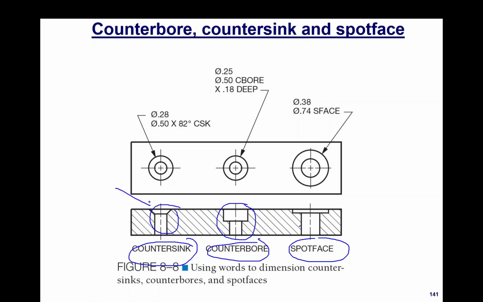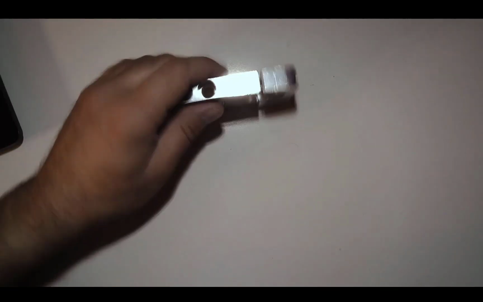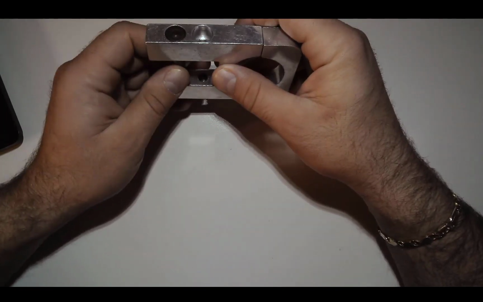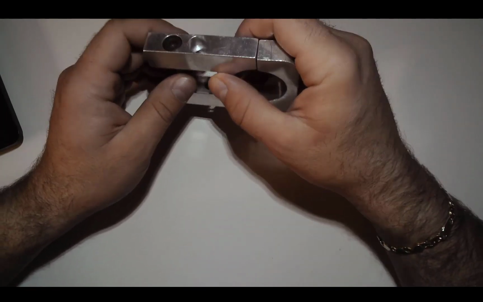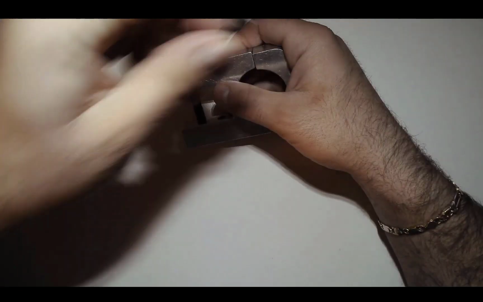Countersink and counterbore are typically features designed to aid with using certain types of fasteners, countersunk cap screws and socket-headed cap screws. I have an example of a component here that has socket-headed cap screws used in the assembly. This is a socket-headed cap screw.